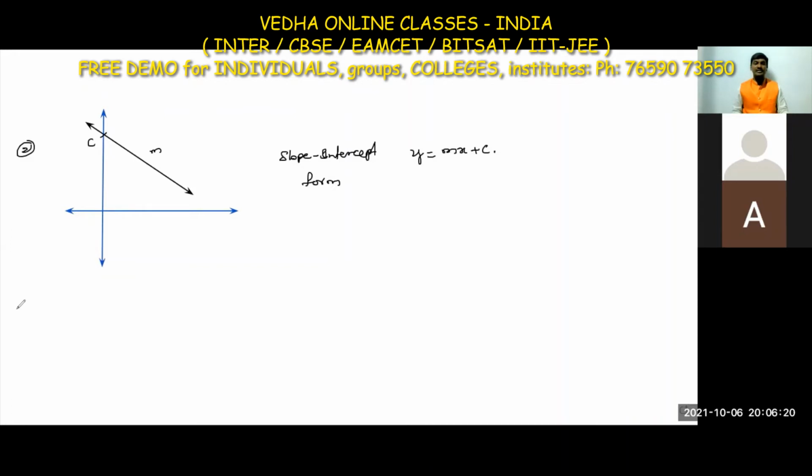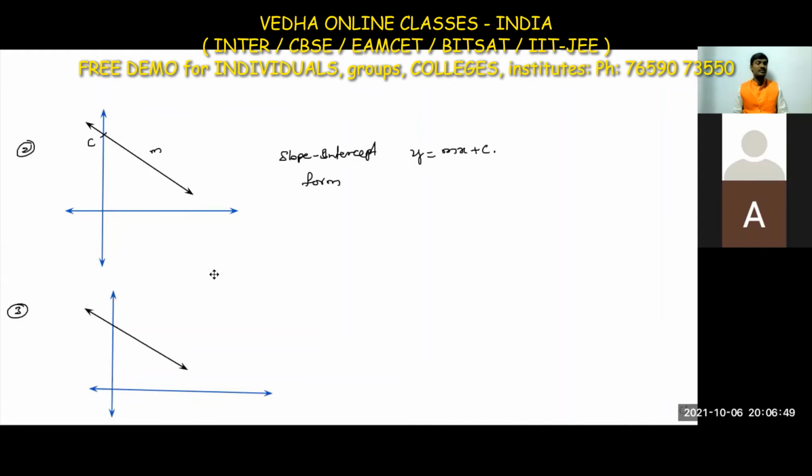So next one is slope point form. When do we use this?